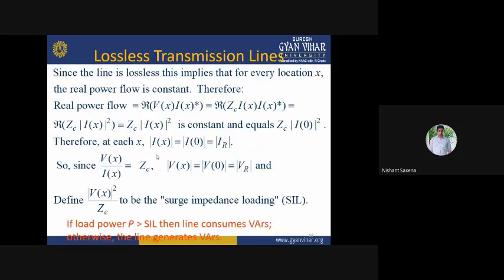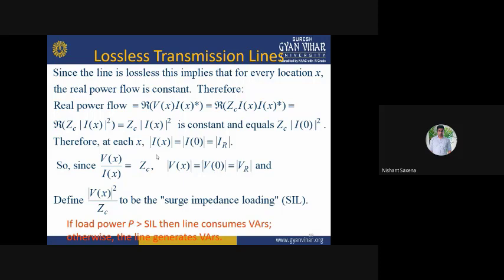Since the line is lossless, for every location x the real power flow is constant. Therefore, the real power flow is the real value of Vx times Ix conjugate, which gives Zc times the magnitude of Ix squared.